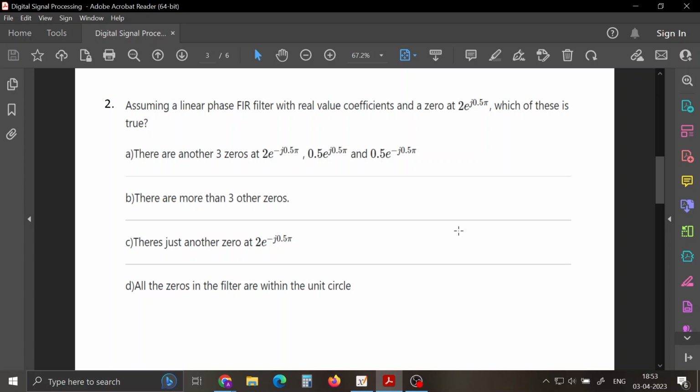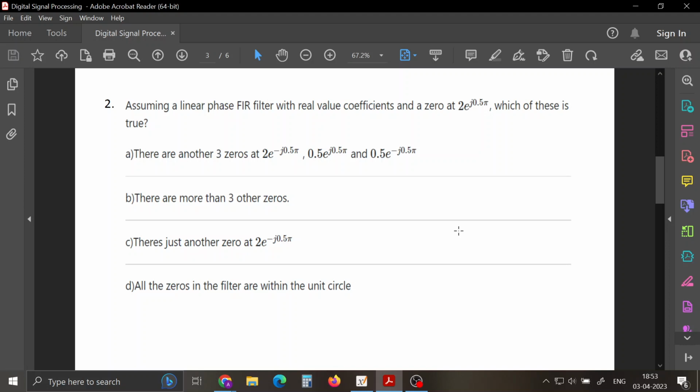So if you recall your lecture notes, you should be able to answer this question in just 2 seconds. That's it. This is based on the concept of the relationship between the zeros of a linear phase FIR filter.